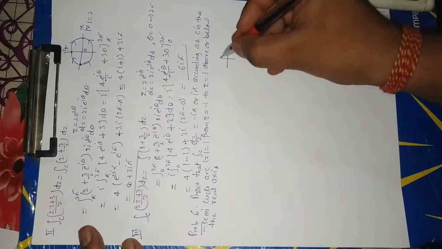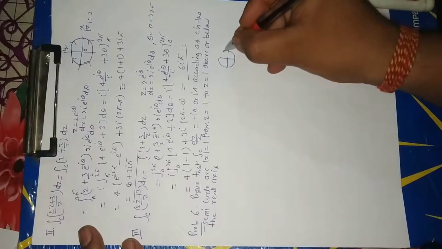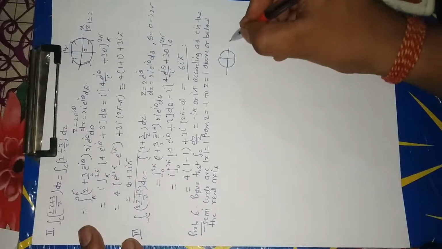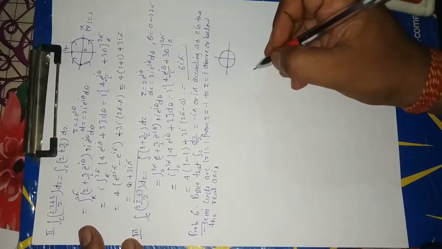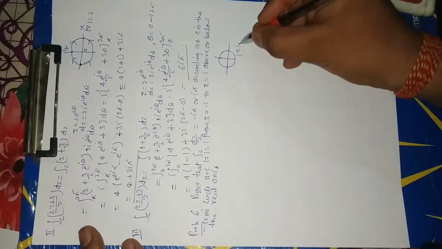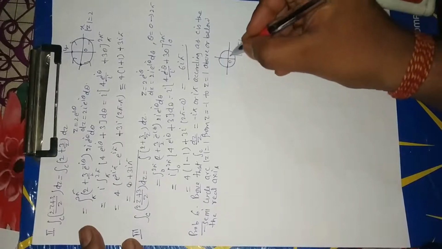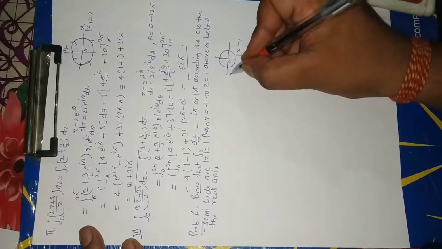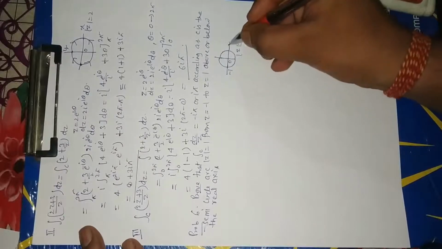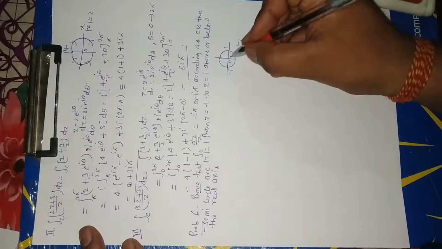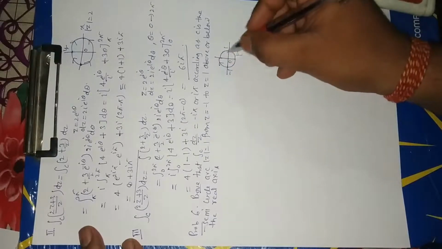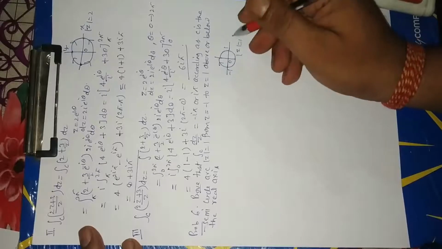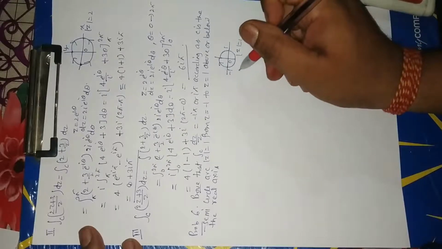Therefore we can take a circle mod z equal to 1. This is center 0, radius 1, z equal to minus 1 and z equal to plus 1 is this. Now taking minus 1 to plus 1, the direction of motion is clockwise.